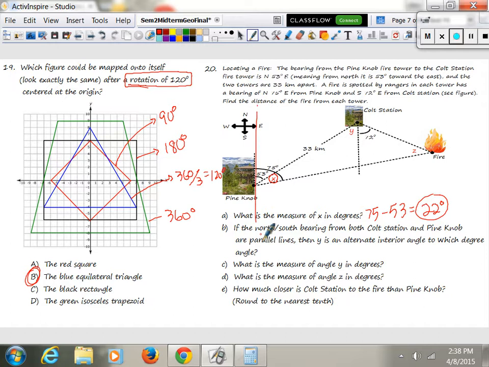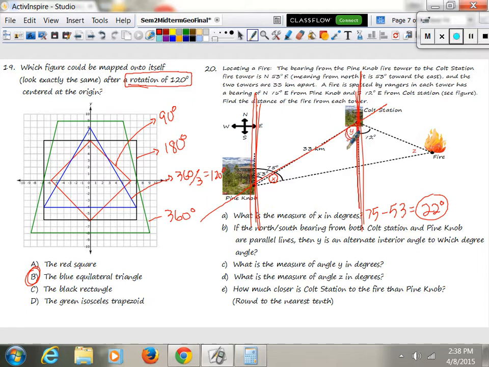Now, if these are parallel lines right here, you got these north-south lines, and you've got this transversal line. All right, let me get rid of that. This is the transversal line right here. It says y is an alternate interior angle to which angle?